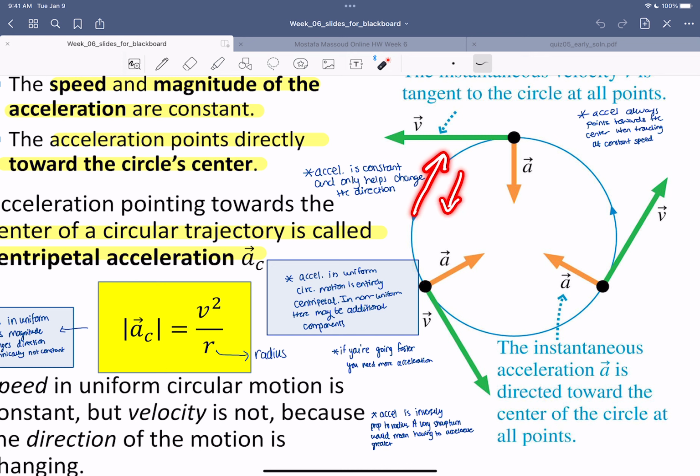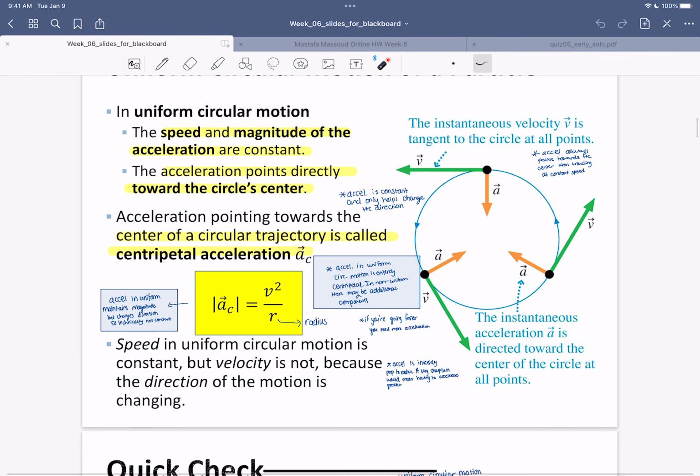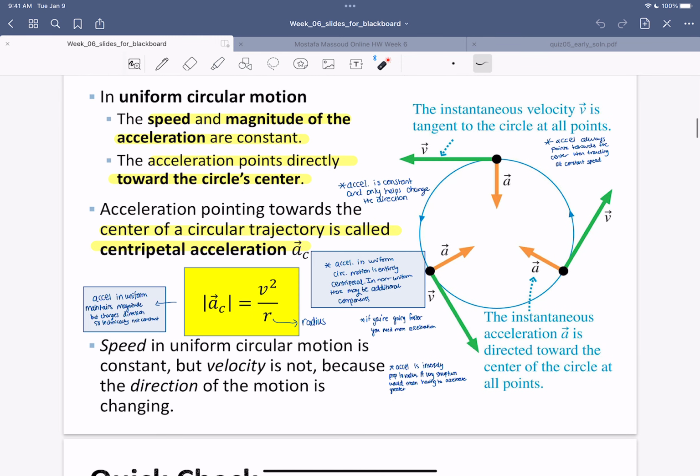Because if you have, let's say, positive velocity, then you'd have to have negative acceleration to slow you down. So maybe your acceleration is pointed this way. That's your additional component along with the centripetal component, AC. So you might have an acceleration that's kind of like this. That's what you have when you have non-uniform motion. But like I said, most of the problems are going to focus on uniform motion.